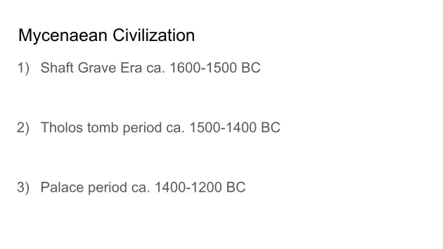So there's the first era in Mycenaean civilization, conveniently known as the shaft grave era. If we're looking at this stage of development, roughly 1600 to 1500 BC, we're dealing with a culture that's developing. They're not quite on the scale of the Minoans yet. They don't have a huge palace complex or anything like that, but they're building these shaft graves and they have the money to put in weapons and gold objects and so on.